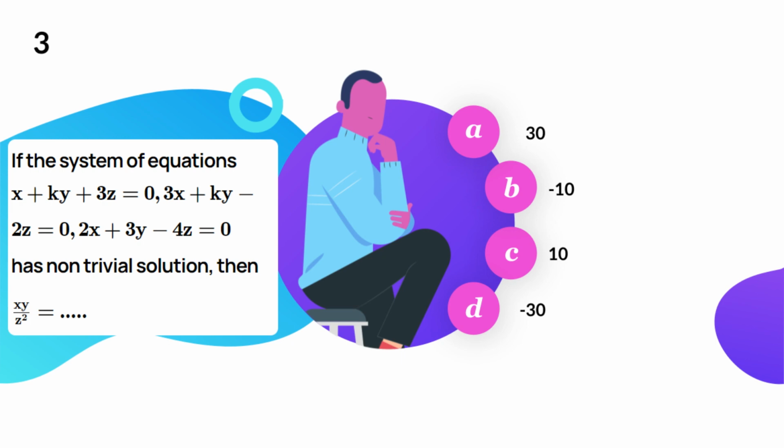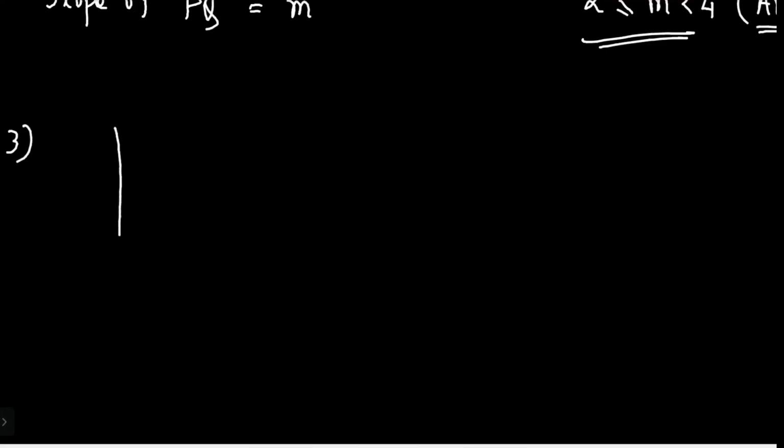Okay. So for the third problem, it is told that it has a non-zero solution. So the determinant of the coefficients of x, y, and z will be 0. So 1, k, 3; 3, k, -2; 2, 4, -3.